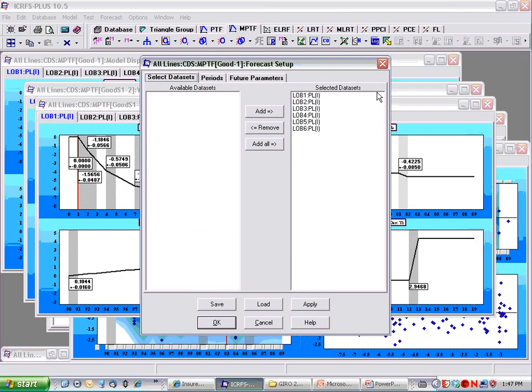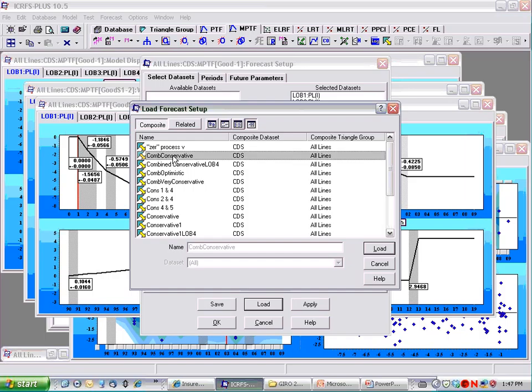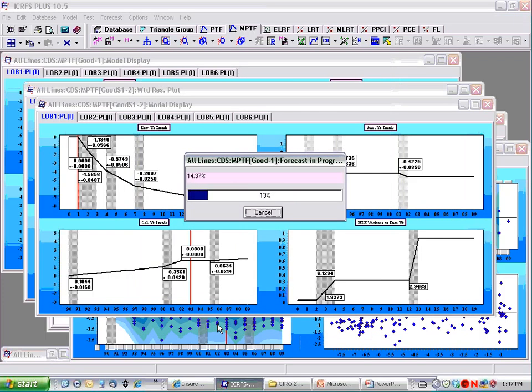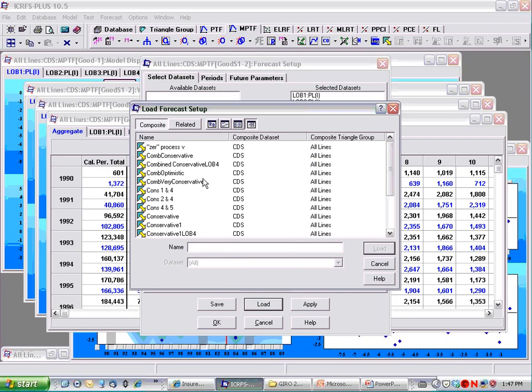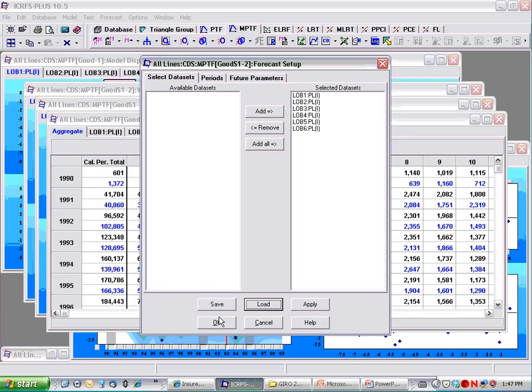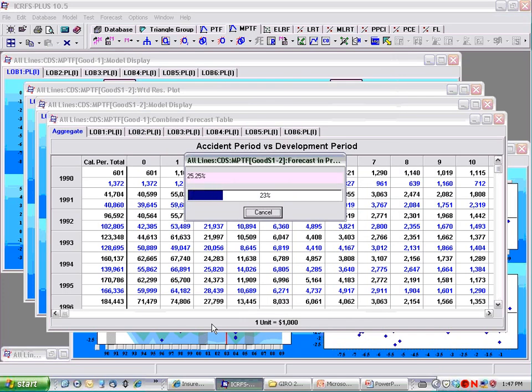So let me do the forecasting first for the 6 LOBs. I'll do that twice, so I can run an instance of Solvency II one-year risk horizon metrics, full fungibility, and then no fungibility. Load, combined, conservative.